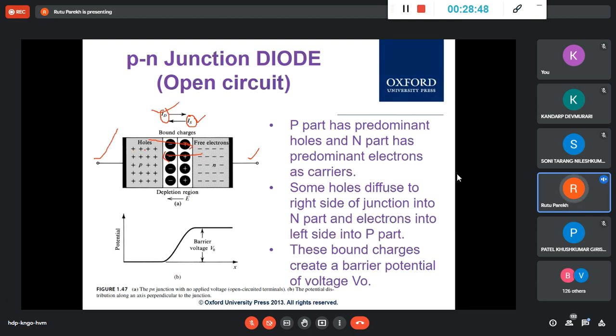Now see, as you know, this p-type has holes in excess, the majority carrier, and similarly for the n-type. That is simple. That is what we saw for diffusion. But there is something like a minority carrier. In this p-type, there are free holes, but there are also very few electrons. So in the p-type, electrons are the minority carrier, and in the n-type, holes are the minority carrier.